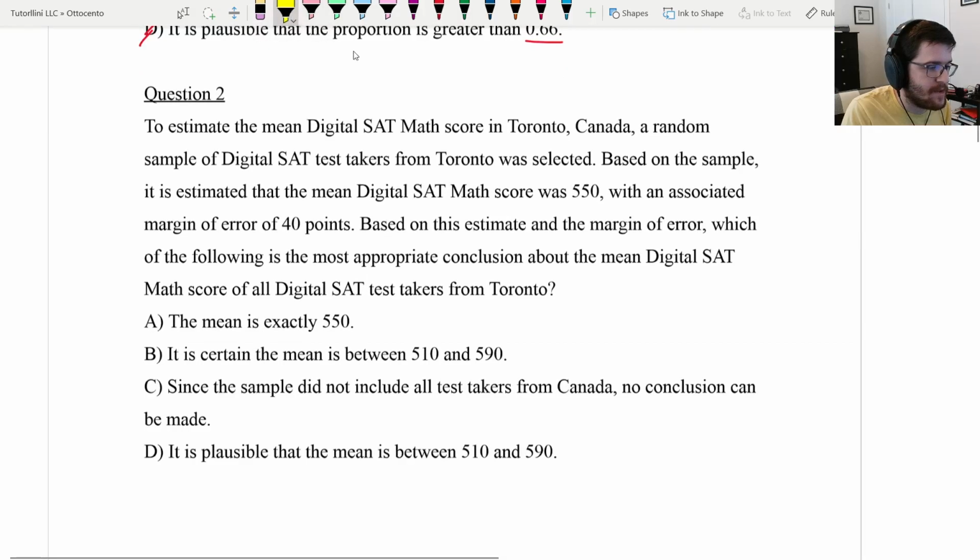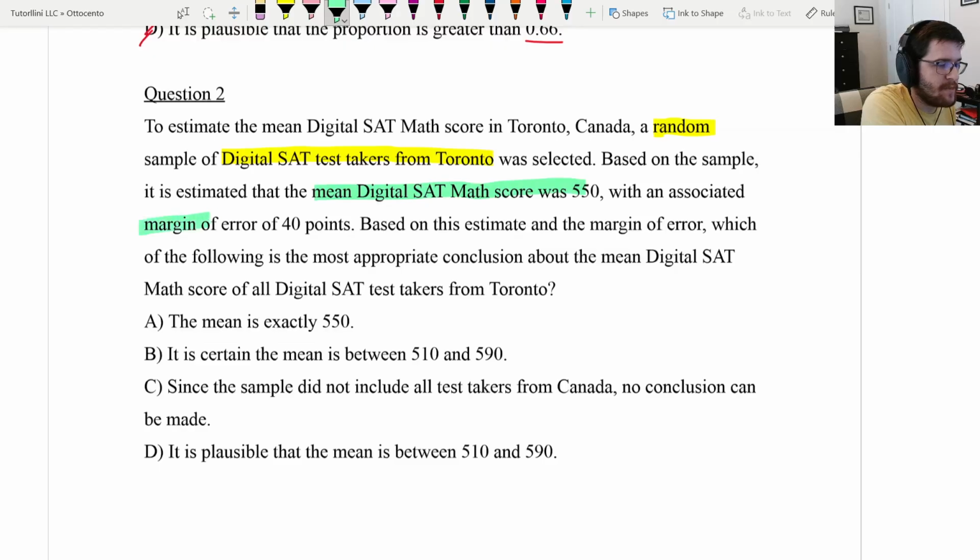Okay, first I'm going to check to make sure it's random, and then if you want, you can highlight the population. I think it's the all digital ICT test takers from Toronto, and they give us a point estimate, a sample mean of 550, with an associated margin of error of 40.